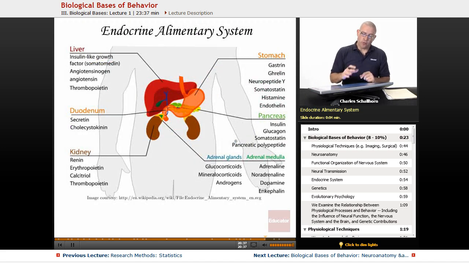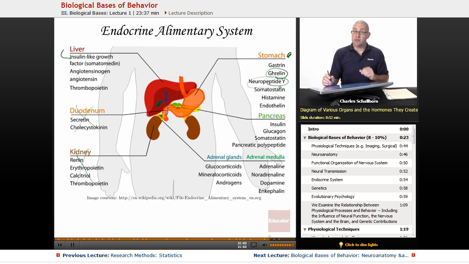In the endocrine system within the alimentary system, we have the liver producing insulin-like growth factor. We don't worry about the duodenum at all, depending on which part of the world you're from. We don't really worry about the kidney too much. We do look at the stomach and ghrelin and neuropeptide Y. We'll take a look at those when we get to the motivation chapter and hunger.